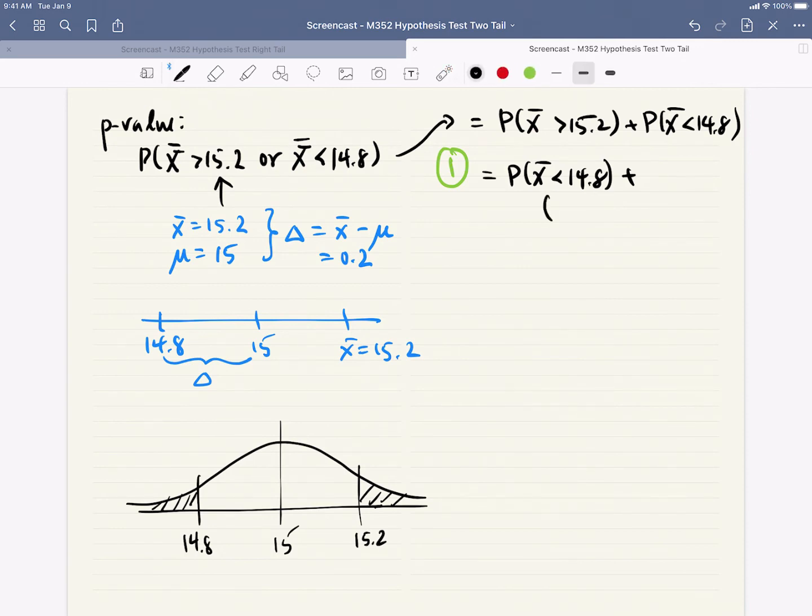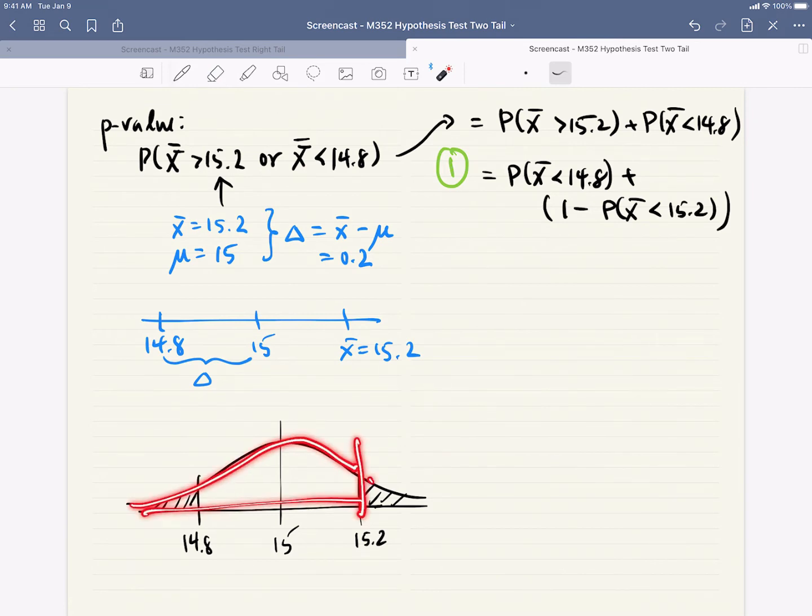We need to tell R to calculate 1 minus the probability x bar is less than 15.2. R will calculate this probability here, but we want the complement. And so 1 minus this, the big area, is going to give us our tail here. So we can throw that into R, and we'll get two numbers, add them together. We'll do that in a second.